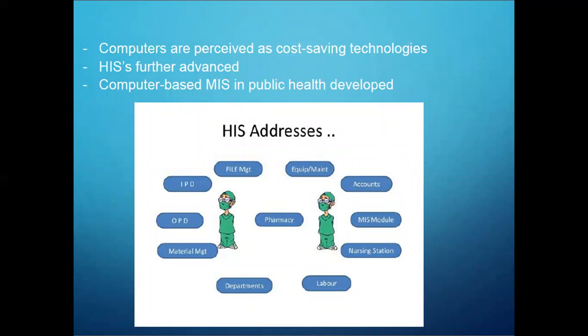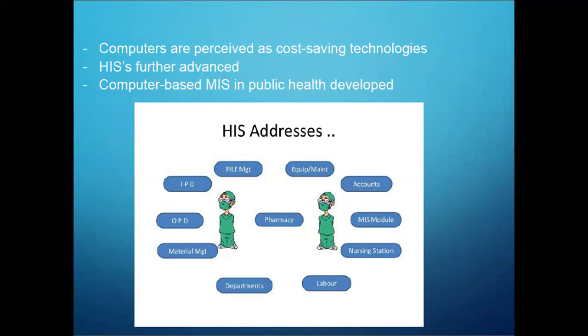The HIS, or Hospital Information System, further advanced, and computer-based management information systems in public health were developed. Before, it was only the billing and accounting management who used the HIS, but now it further advanced.